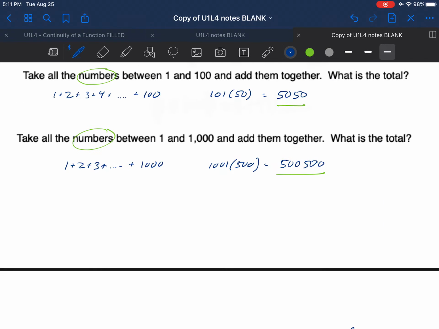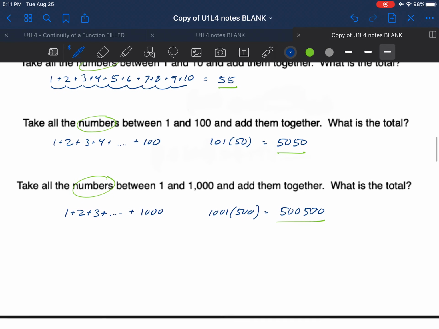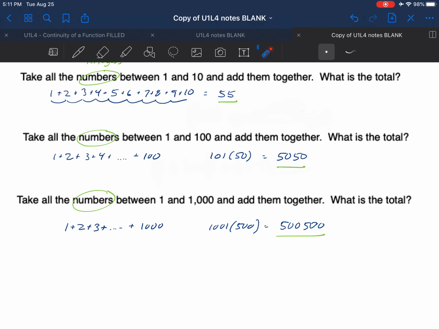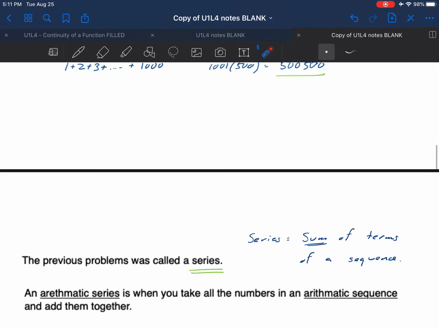So if I go back to this previous slide, maybe this first one's the best because 1, 2, 3, 4, 5, 6, 7, 8, 9, 10 could be a sequence if we had commas in between, right? Because we said that the sequence is an ordered list of terms. All right. The minute we put a plus in there instead of a comma, now we're generating a series because we're taking these individual terms and we're adding them together.